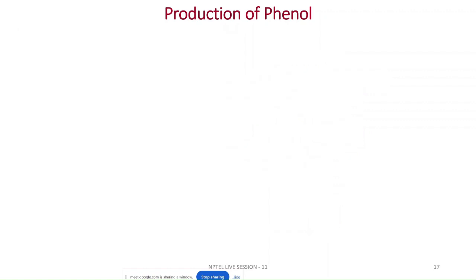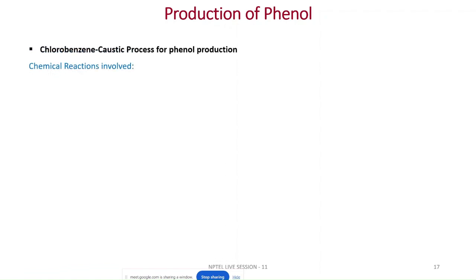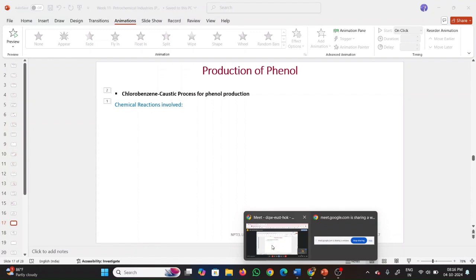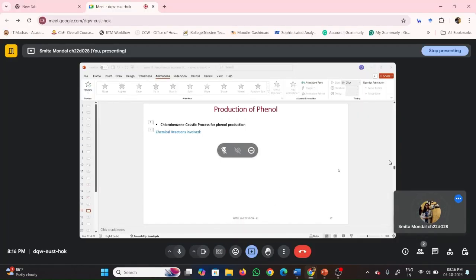Okay, so we are going forward with the next process, that is the chlorobenzene caustic process for phenol production.